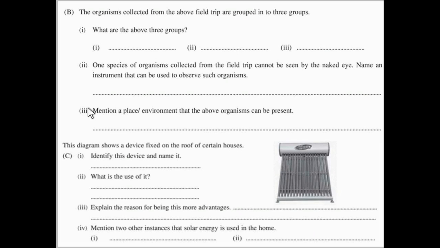Roman number 3. Mention a place or environment that the above organisms can be present. A place or environment. Microorganisms are living in each and everywhere. In air, in the soil, in the water.